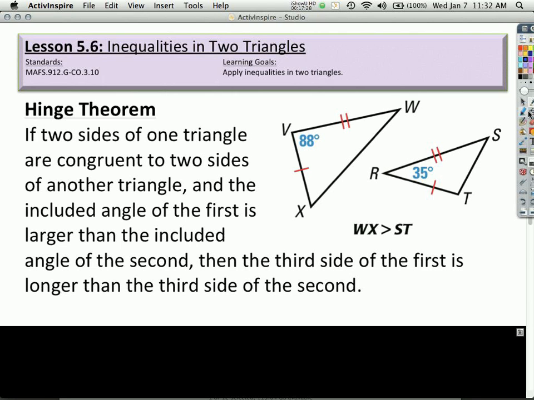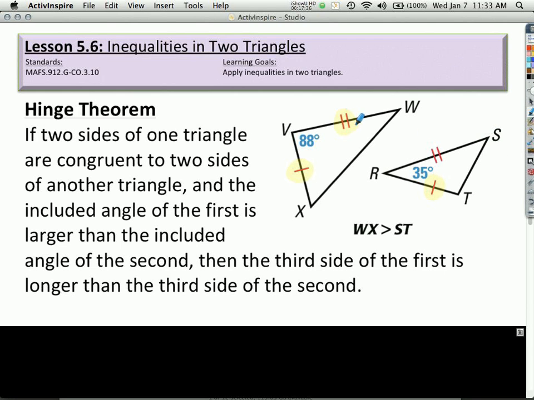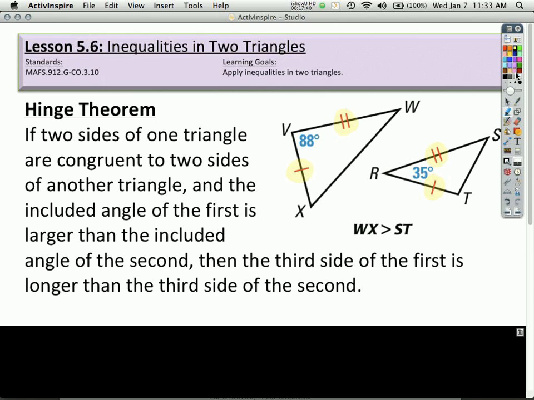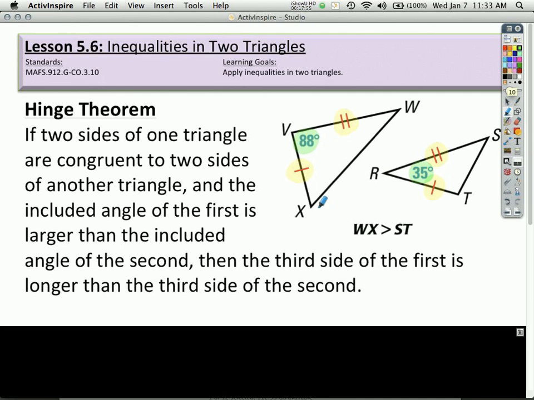If we have two sets of congruent sides, here's one set, and here's another set, and the included angle of one is bigger than the included angle of the other, then the third side will be longer than the third side of the other. So we're talking really about what happens to this.